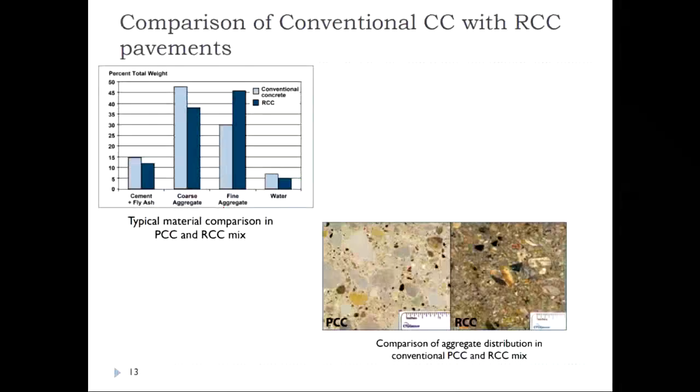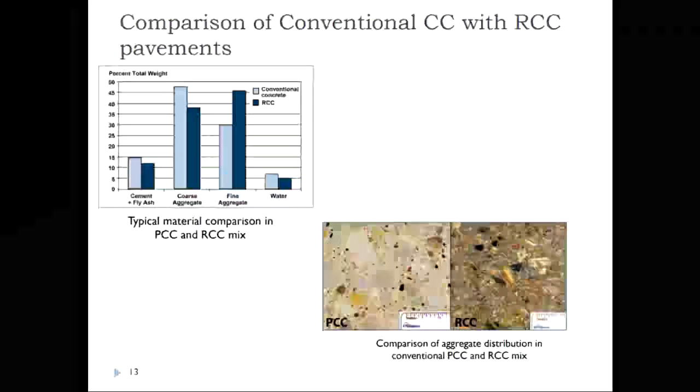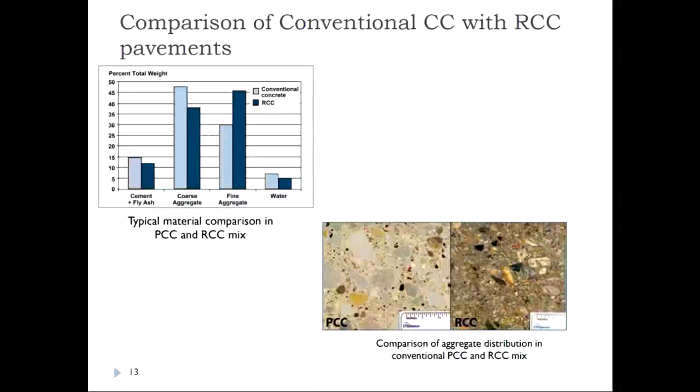Now, in terms of coarse aggregate requirement, it is slightly lesser when compared to conventional concrete. But you could see your fine aggregate requirement is much higher. This will mobilize proper interlocking. Okay, and this is the water content requirement. Please note these are in terms of percentage by total weight.